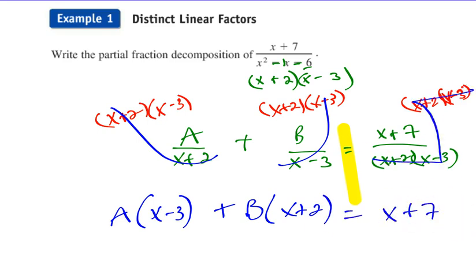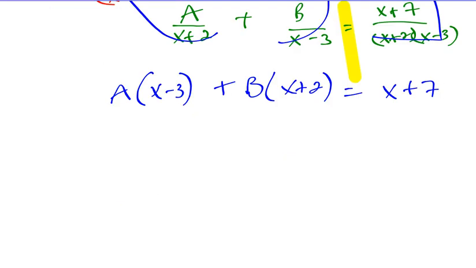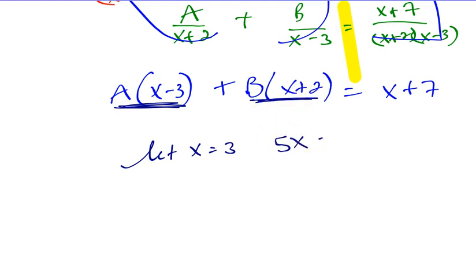x plus 7. Now if I do a quick let statement here, if we let x equal 3, which is really convenient because that drops out the a term, I'm left with 5b equals 3 plus 7, which is 10, and b will equal 2. I'm going to do another let statement. To wipe out the b term, I'll let x equal negative 2.